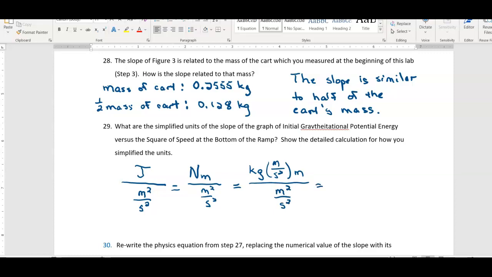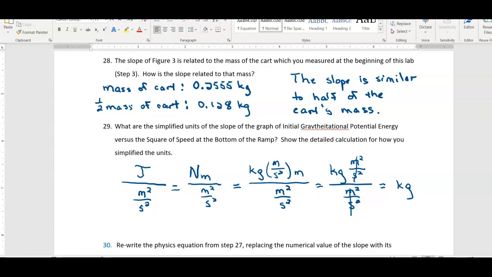And let's see here if I can simplify. I'm getting messy stuff up here on the top. But I've got a meter times a meter per second squared. That's the same thing as a meter squared per second squared, right? And that's what I've got on the bottom. And so now these two terms can cancel each other. And so those units simplify to be units of kilograms, which are the units of mass, right?